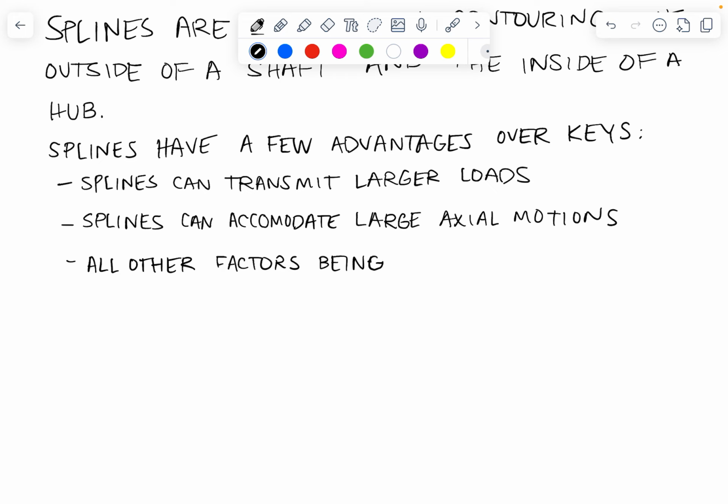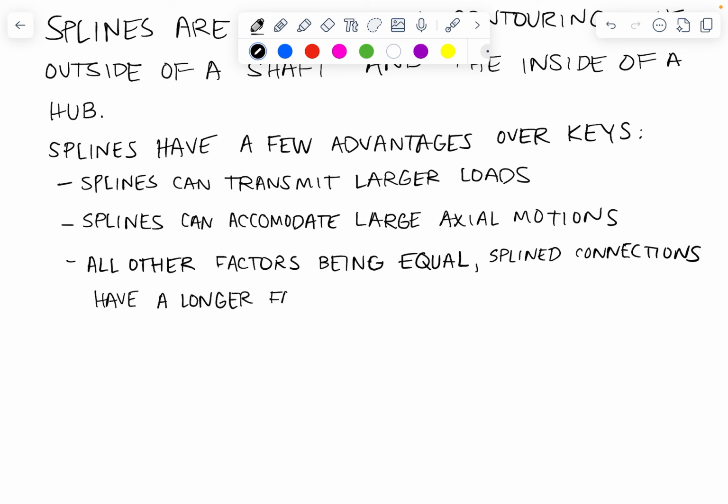meaning we're making this out of the same material, with the same strength and stiffness properties, splined connections have a longer fatigue life than keyed connections.